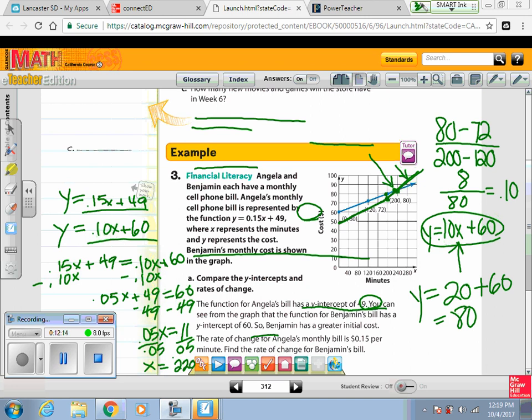So at 220 minutes, they are spending the same amount of money.